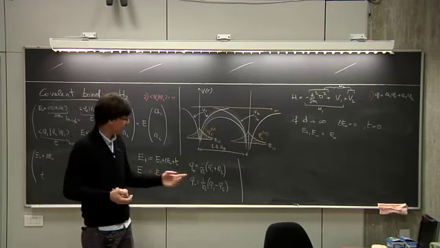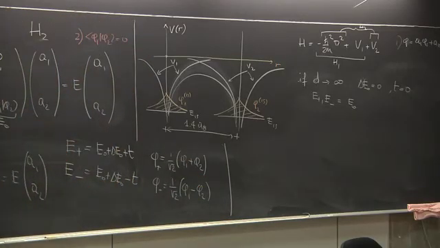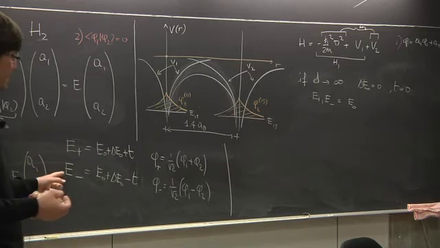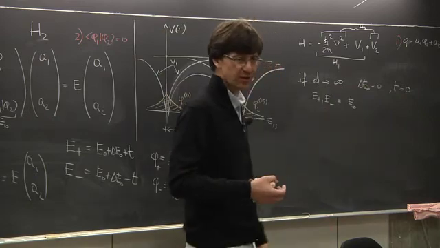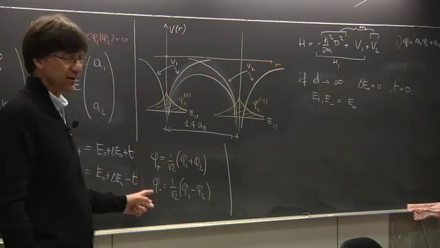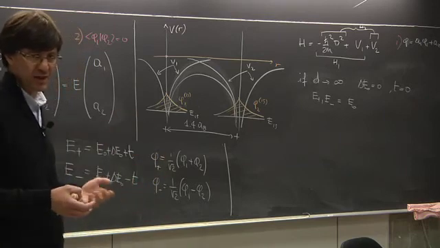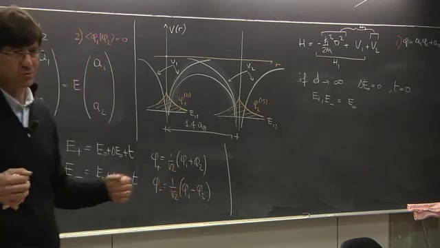So the fact that I get plus and minus here is just reminiscent of what I was doing before. But now that I know that the two energies are the same, in the limit where delta E naught and t go to 0, I can just rearrange the eigenfunctions, building any linear combination I want. So I can take the sum and the difference, and I will get phi 1 and phi 2.